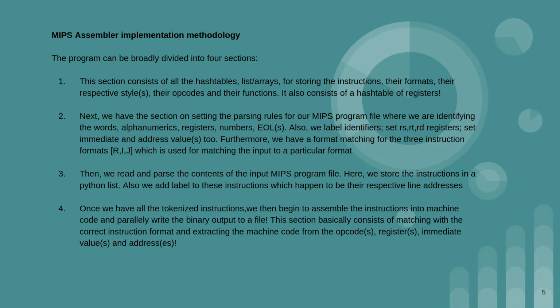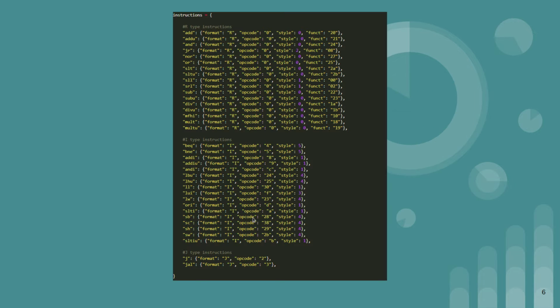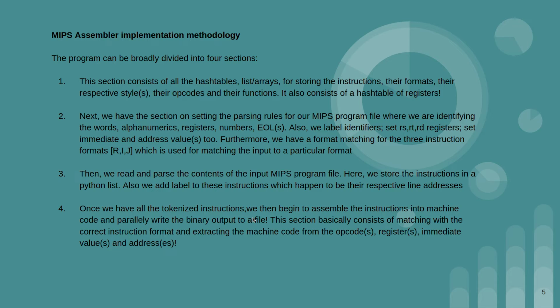Next, we have the section on setting the parsing rules for a MIPS program file, where we identify words, alphanumerics, registers, numbers, end of lines, etc. We also identify labels, set RS, RT registers, immediate address values, and format matching for the three instruction formats. Then we read and parse the contents of the input MIPS file. Finally, once we have the tokenized instruction, we begin to assemble the instruction into machine code.